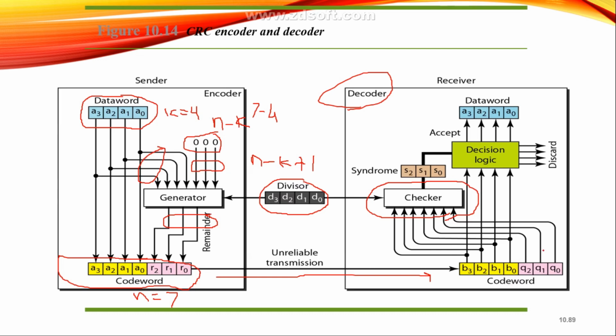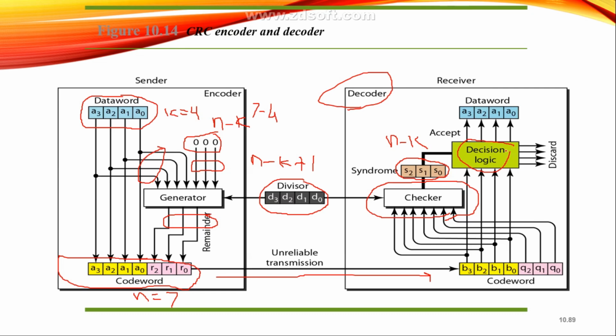So it is of n bits, and over here it is 7 bits. The remainder produced by this checker is called the syndrome, as we have seen in the previous lecture. But in the previous lecture the syndrome was of n minus 1 bits, but over here the syndrome is of 3 bits, that is n minus k bits, which is fed to this decision logic.